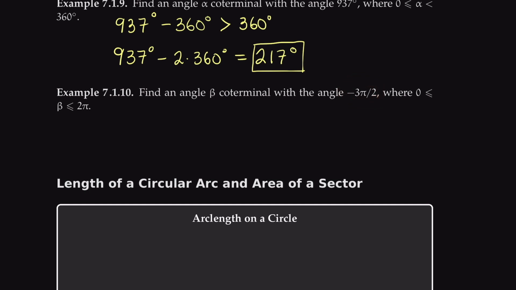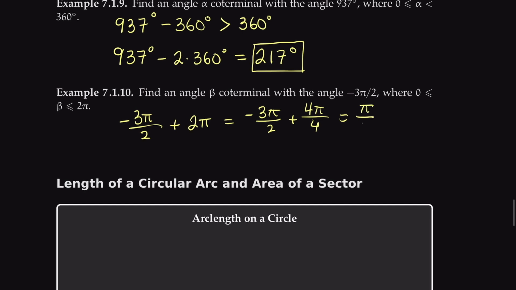So if I take negative 3 pi over 2, I can find a coterminal angle by adding 2 pi to that, which is the same as adding 4 pi over 4. We can get a common denominator. So we have negative 3 pi over 2 plus 4 pi over 4. I'm going to add those and I'm going to get what? Positive pi over 2. That's an angle in between 0 and 2 pi, and so that's the coterminal angle that we're looking for.